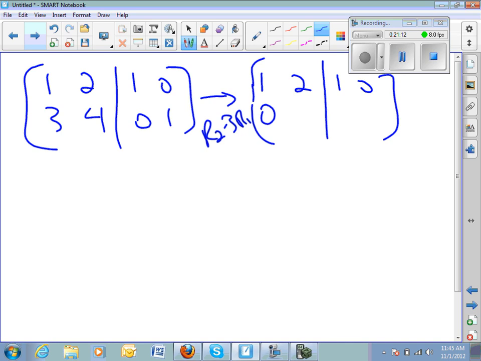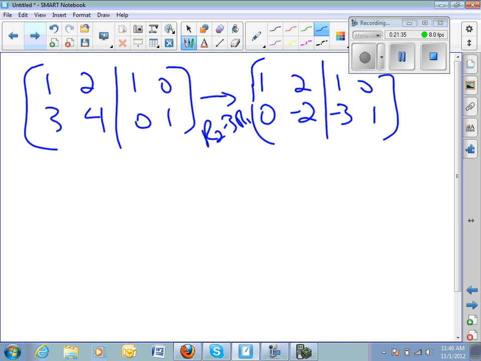And then row 2, 4 minus 3 times 2, so negative 2. Let me know if I made any mistakes there, please. Nope, you're good.